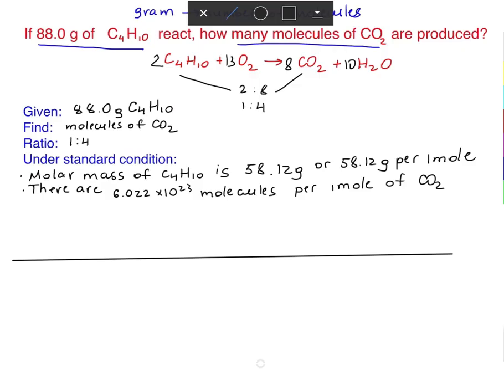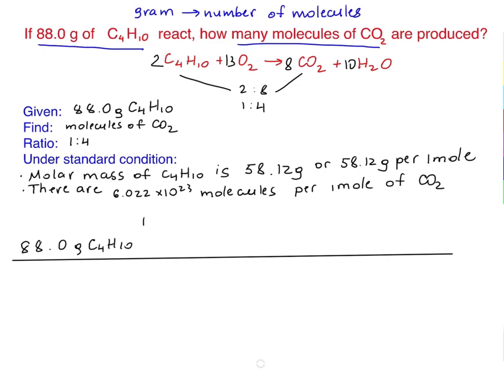Okay, so now we have all the parameters that fill our template, and we're going to go ahead and plug in the numbers and units. The given will always come first. It's 88 grams of butane that you have, and then next, you can write it in any order, the ratio or the standards.